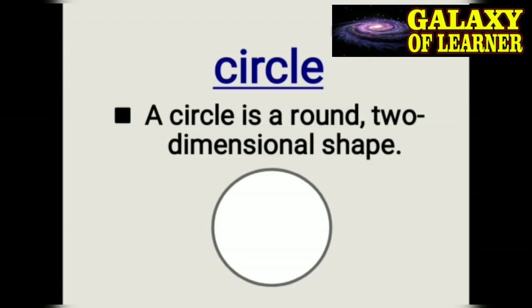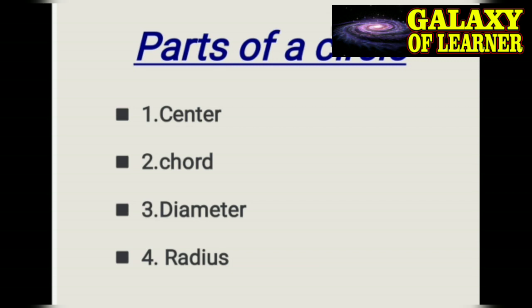So, students, what do you mean by circle? A circle is a round, two-dimensional shape. Now, there are different parts in a circle like center, chord, diameter and radius.